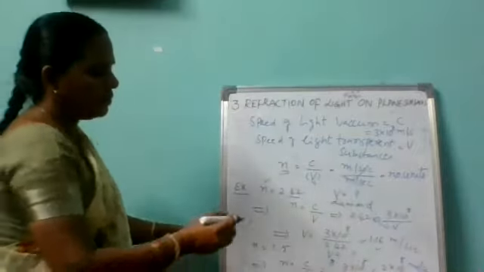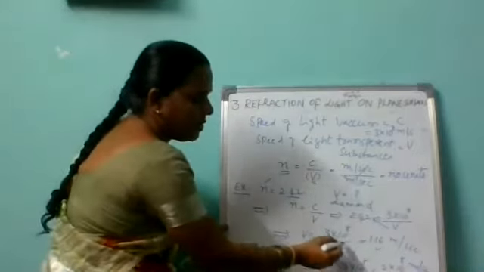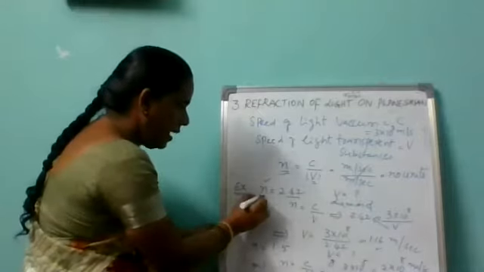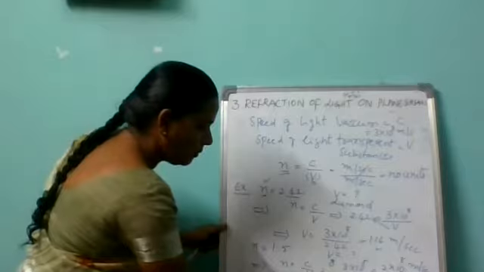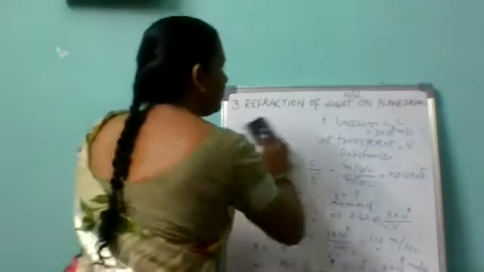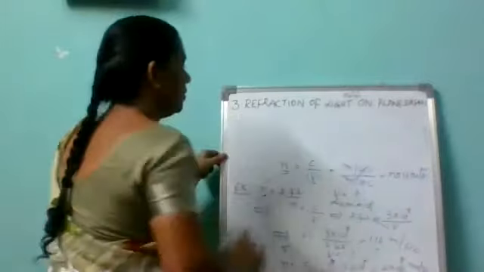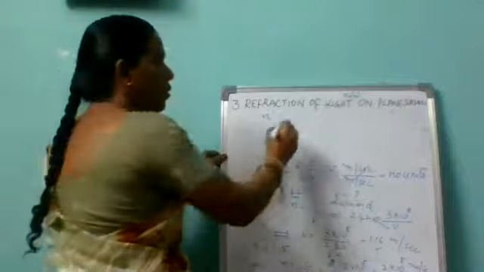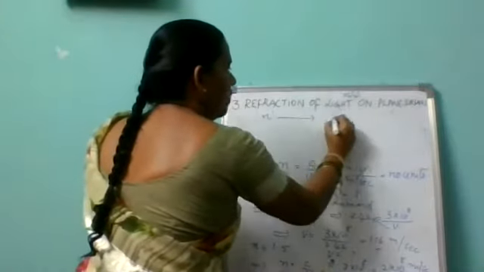If the refractive index values, the n values, are known, you are able to find v values.